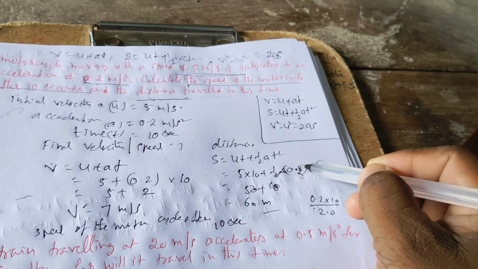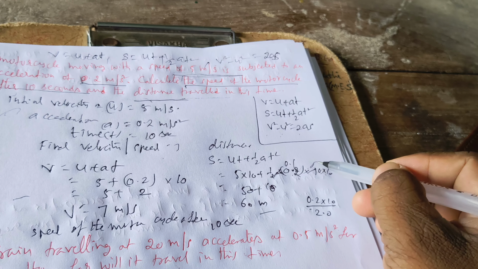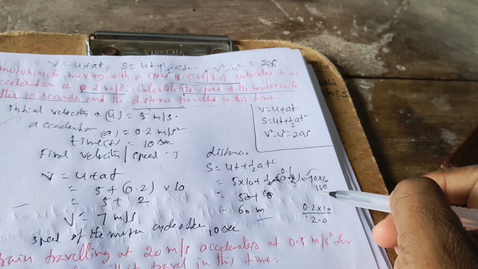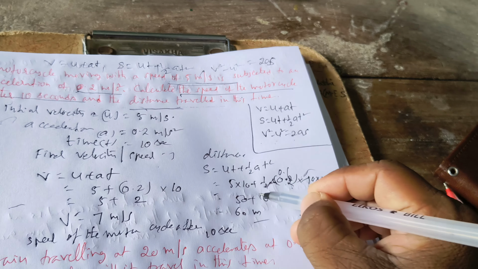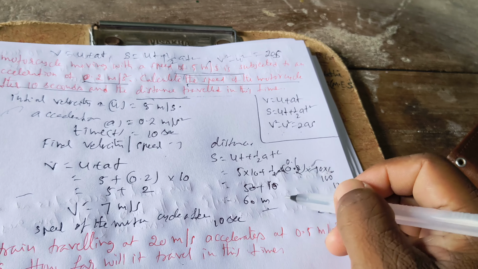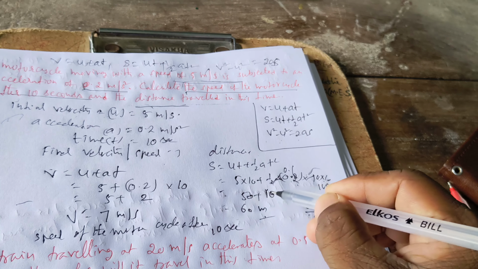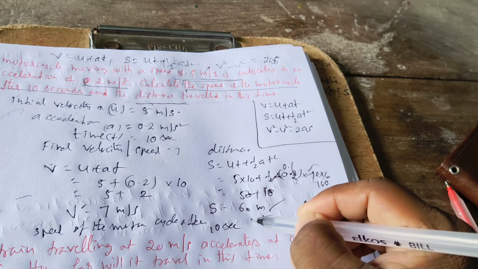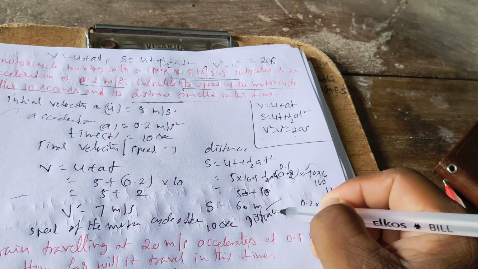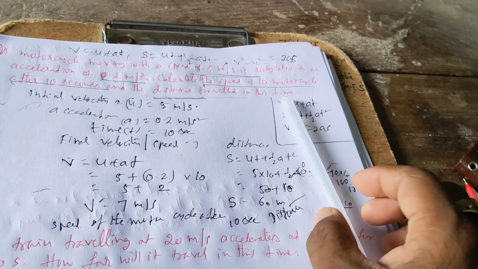Half of 0.2 is 0.1, and 100 into 0.1 is 10. So 50 plus 10, 60 meter. So 60 meter is the distance traveled by the motorcycle.